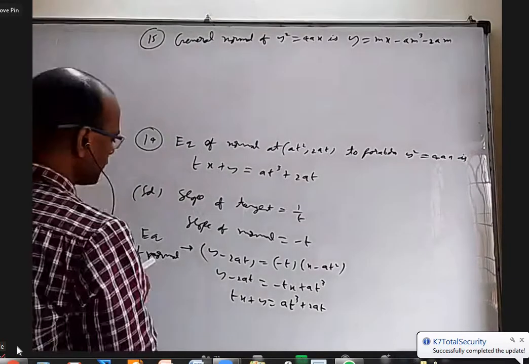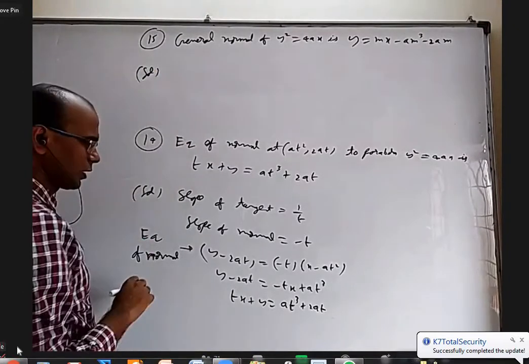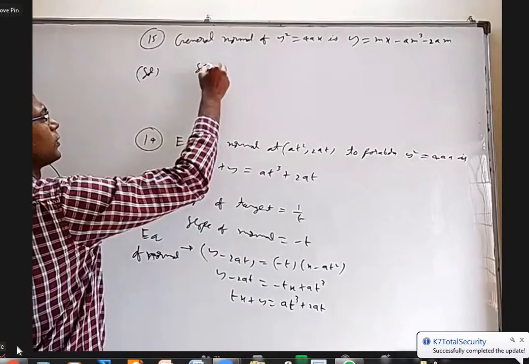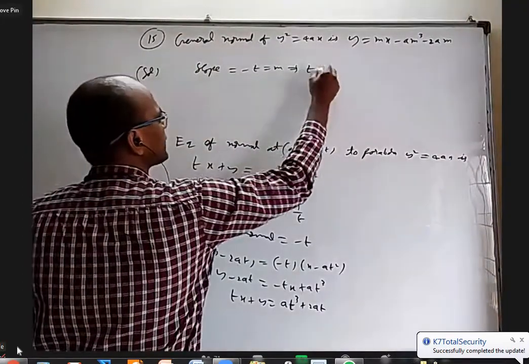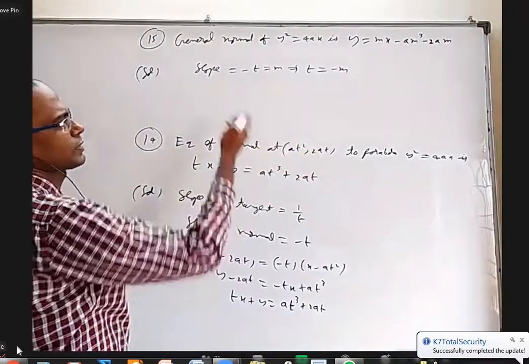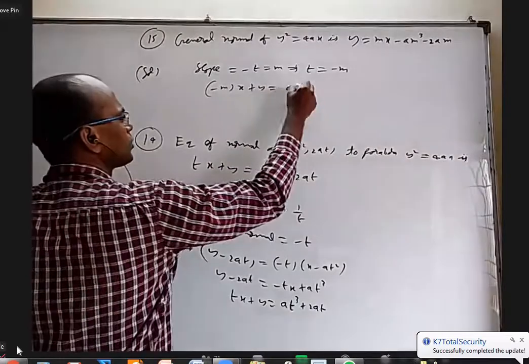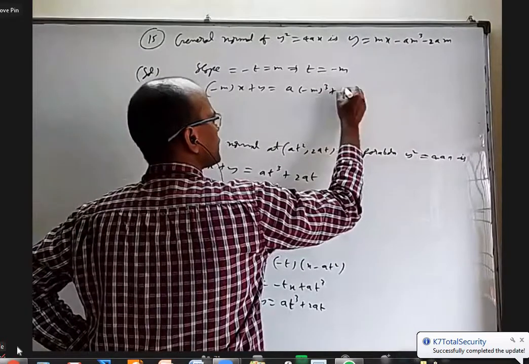How did we get that? You can call it solution or explanation, it doesn't matter. Here the slope of normal is minus t, equal to m. So t will be minus m. So in the previous equation, wherever t is there, substitute minus m and we'll get it. So minus m into x plus y equal to a into (minus m) whole cube plus 2a into (minus m).